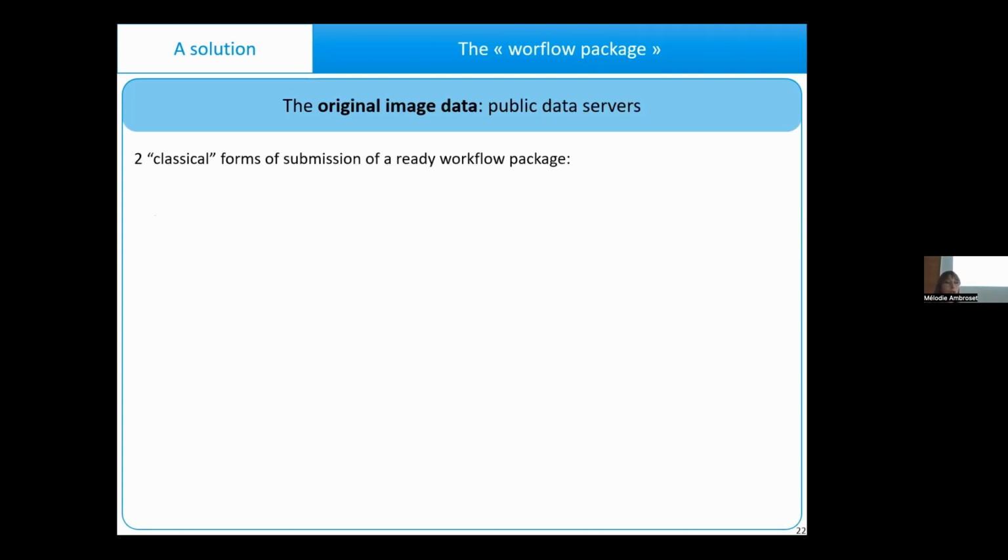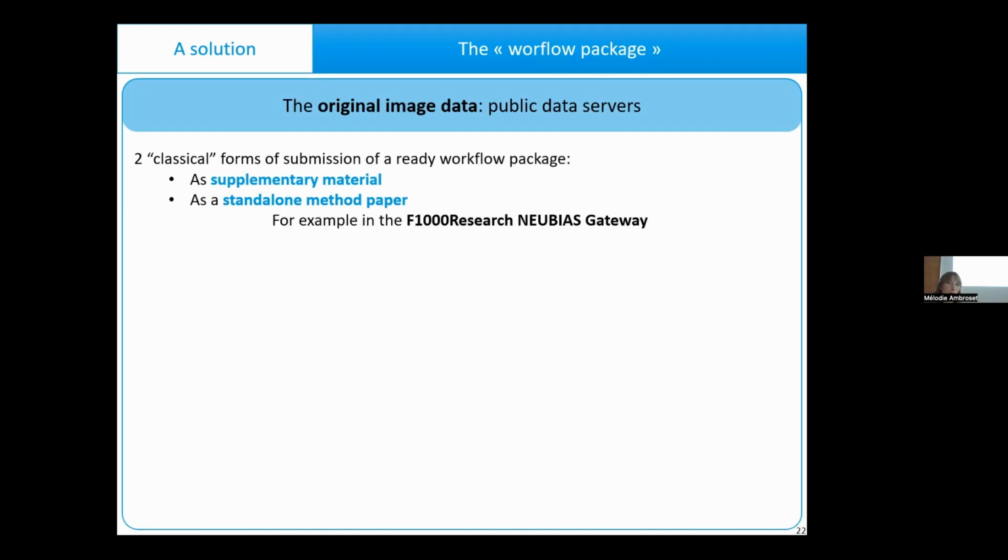So where do we publish this original image data? On public data servers. So when you have a ready workflow package, you usually have two classical forms of submission for it. One is as a supplementary material to your main paper. And the second one is as a standalone method paper.